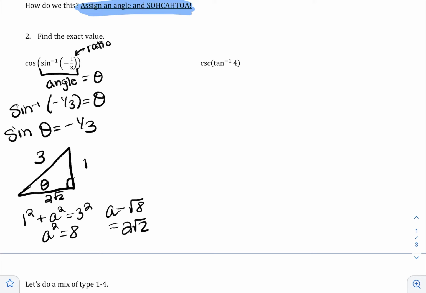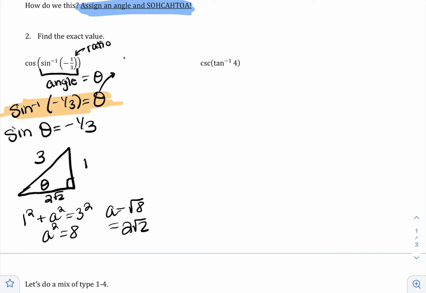Now this is the part that a lot of people tend to forget, which is the quadrant. You have to really think about the quadrants in trigonometry, okay? How do I know the quadrant? The quadrant is going to come from how you assigned your angle. Which inverse did you assign your angle to? Because that angle has a restriction.